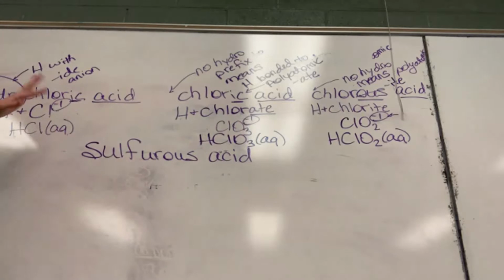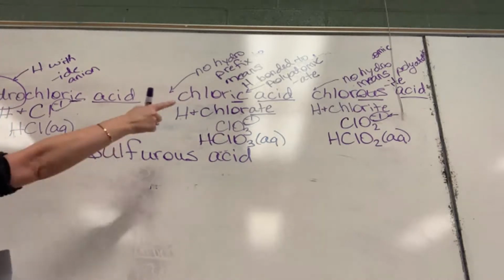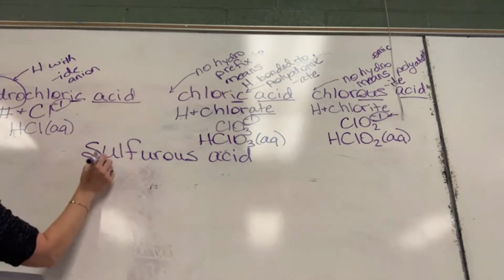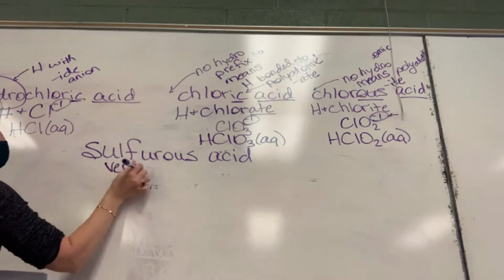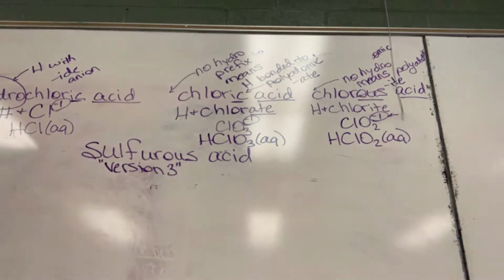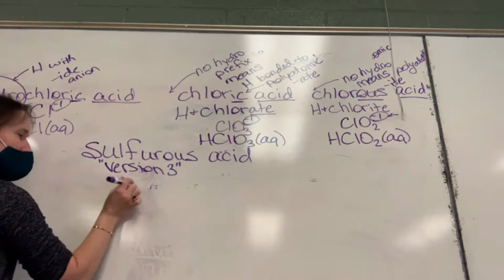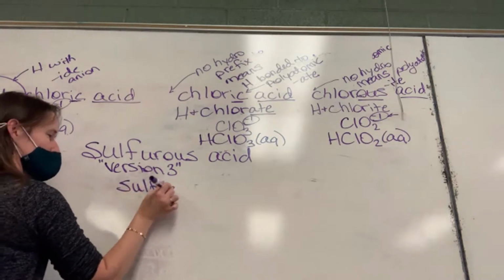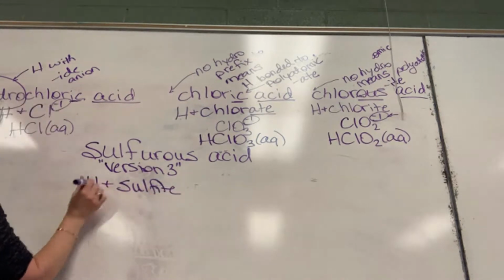Okay, so here, which format is sulfurous acid? It's the ite. Okay, so this is polyatomic ite. This is version 3. Kind of like when I say step 5, that's my step 5. So version 3 means it's sulfite with hydrogen bonded to it.